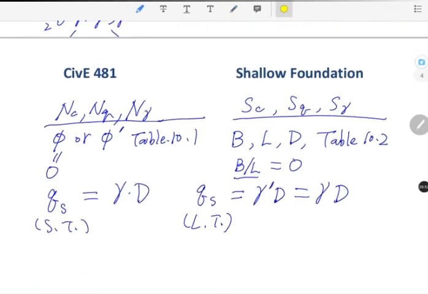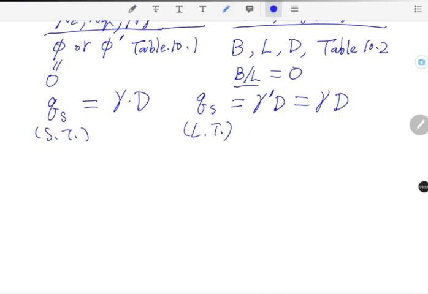Then let's try to answer part A. What is the factor of safety in work stress design?